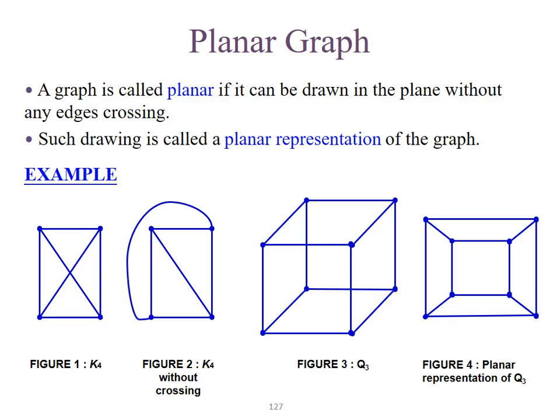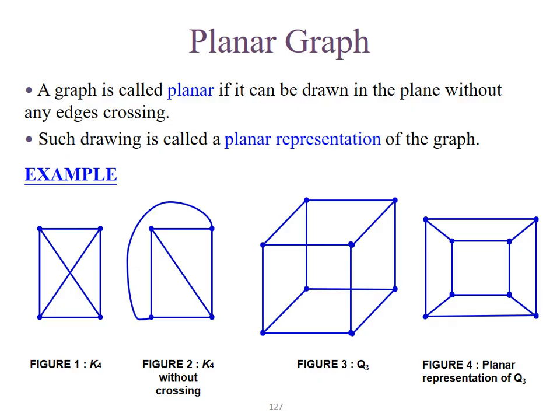Now you can try your best to draw a graph's planar representation. If you can draw it without any edge crossing, then we call it a planar graph. Take Q3 for example. In the standard Q3 we have a lot of edge crossings.